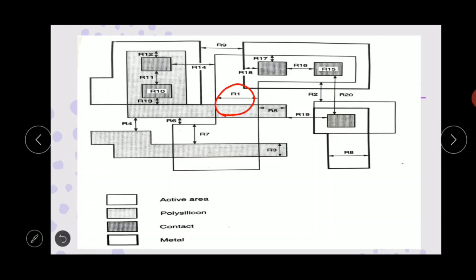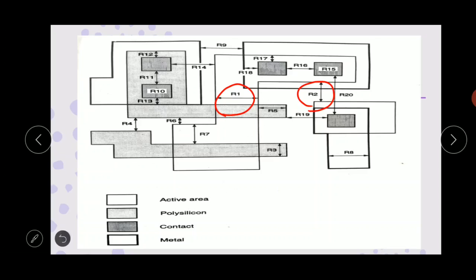R1 is the minimum active area width, that is 3 lambda. As we know, the lambda values are predefined by the process engineers. So here R1 is 3 lambda. Then R2 is the minimum active area spacing, that is 3 lambda.